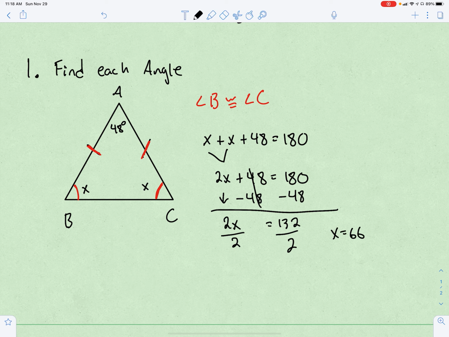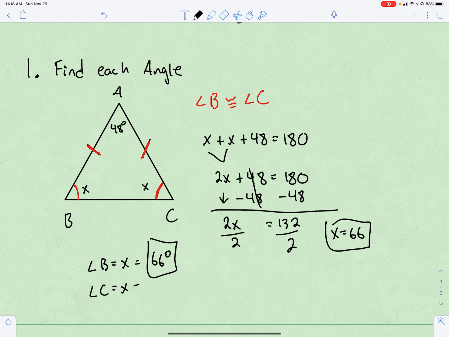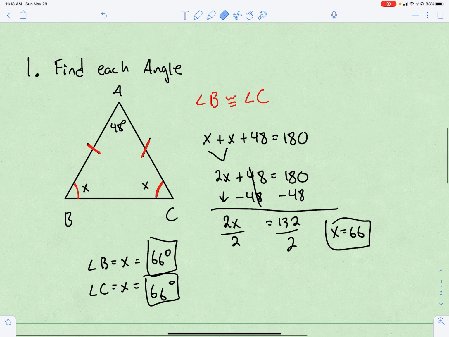X is equal to 66. So now that we know this is X, we know angle B is equal to X, which is equal to 66 degrees. And we know that angle C is also 66 degrees. It's equal to X. And it makes sense because we know those two angles are congruent, which means they have to be the same. So that would be an example of how you do that.